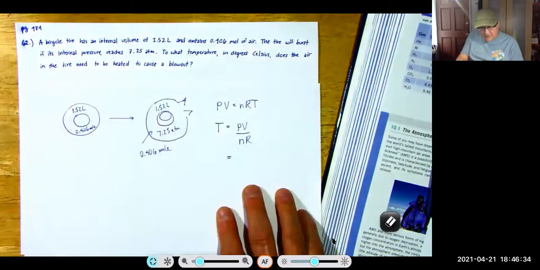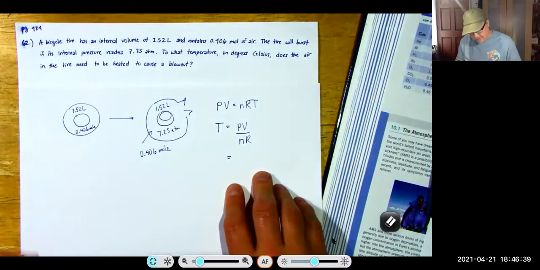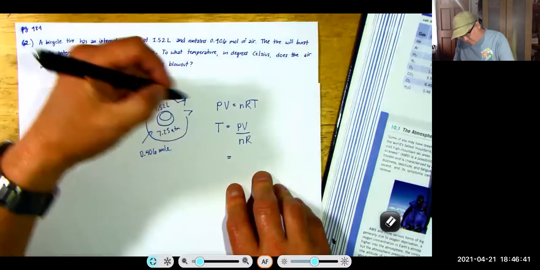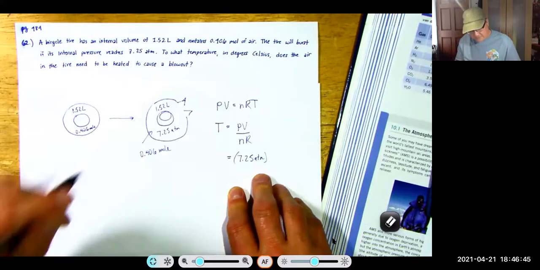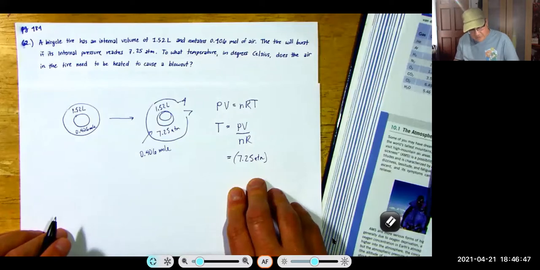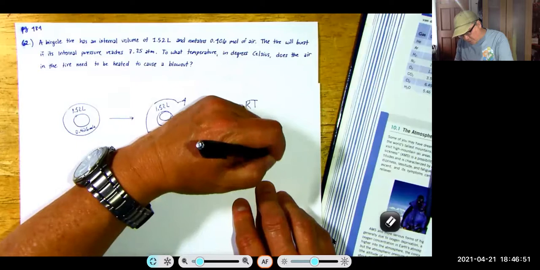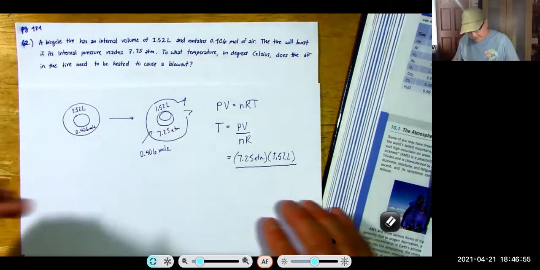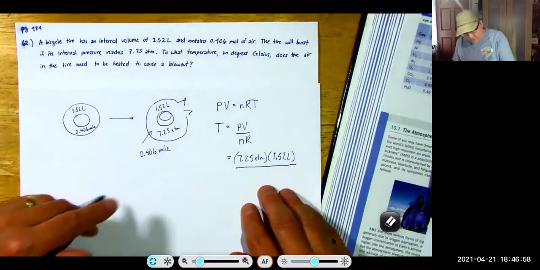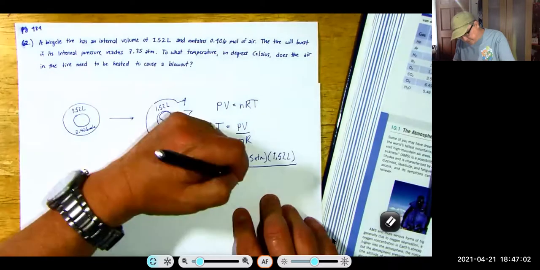Now remember, they want the degrees Celsius, so the answer we're going to get is in Kelvin. So the pressure is 7.25 atmospheres when it bursts. The volume is still 1.52 liters right when it bursts. Of course, after it bursts, it's going to be a bigger volume because it spreads out. The moles of gas is 0.406.